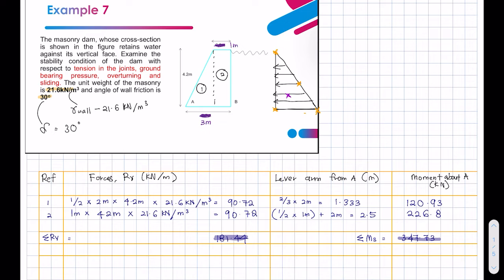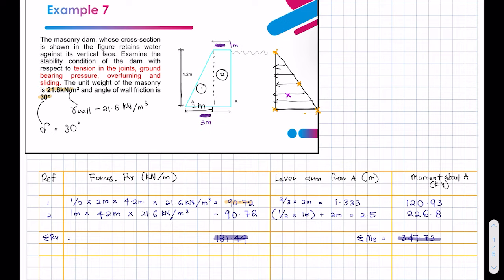For the first area we have is half, sebab ini adalah segitiga darab 2 meter the width and times with 4.2 the height. And you have to times the unit weight of the wall, which is 21.6. You akan dapat this value.